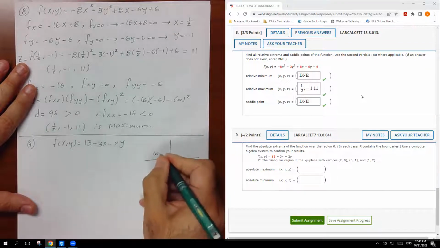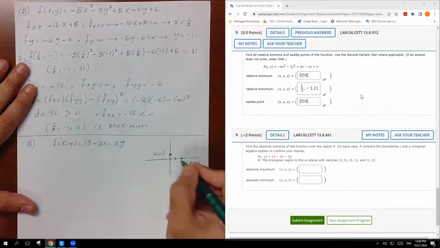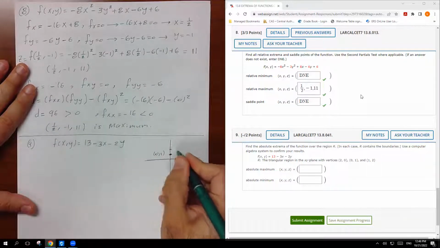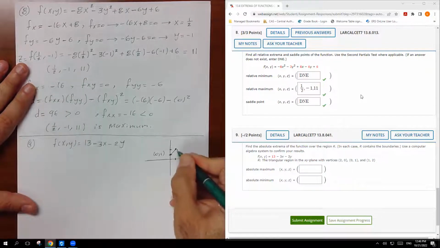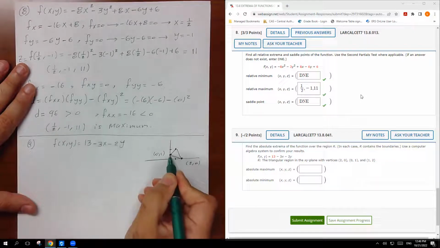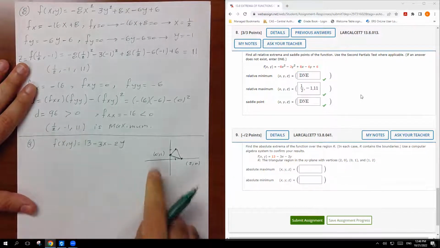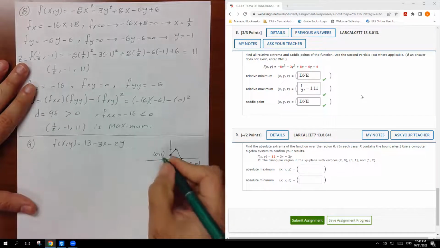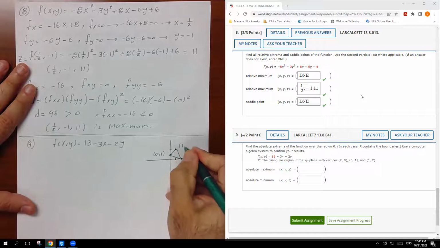And the third point is (1, 2). So here is 1 and here is 2. So here is the triangle. So the first thing, let's find our region for each point.